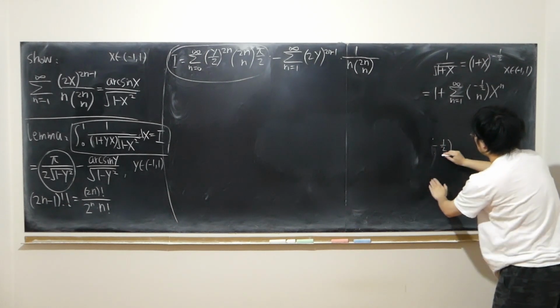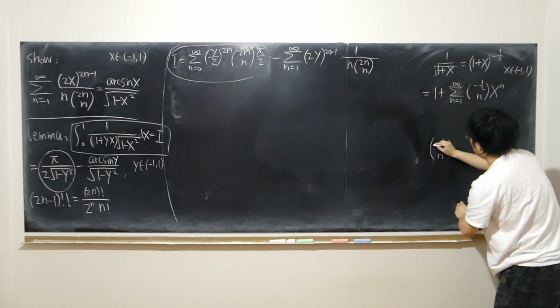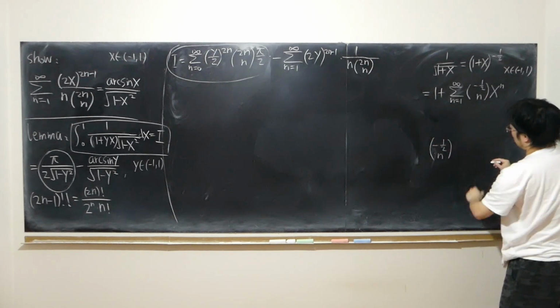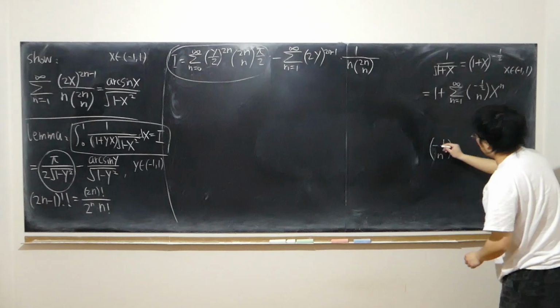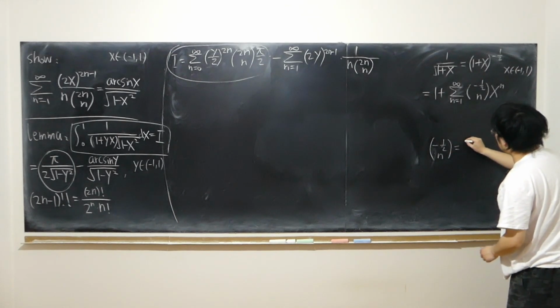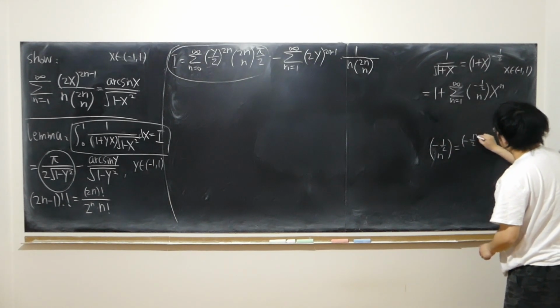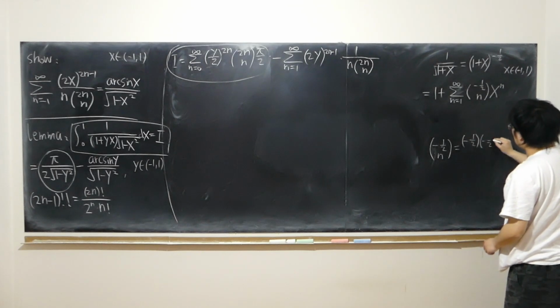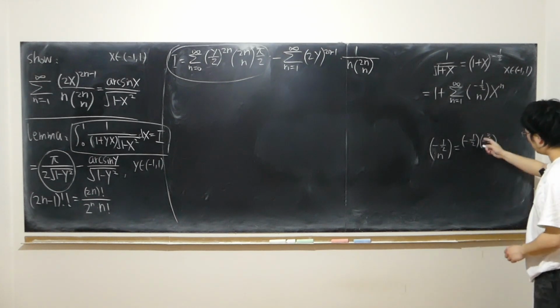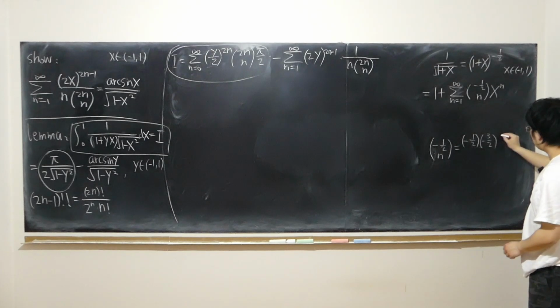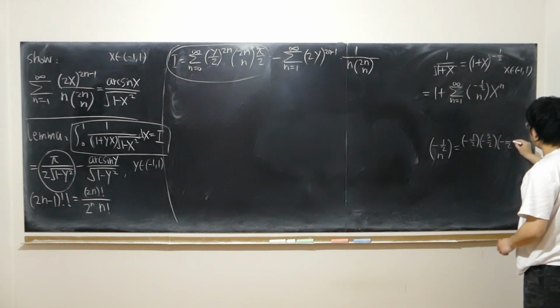All right, so we can rewrite this generalized binomial coefficient as negative half times, every time you just reduce it by 1, so then it becomes negative 3 over 2, negative 5 over 2.